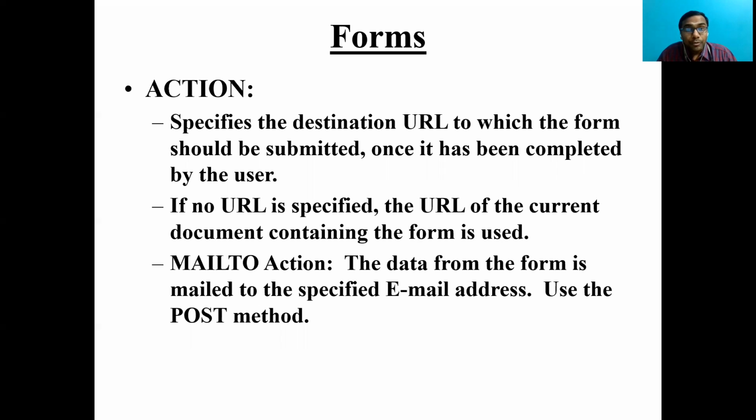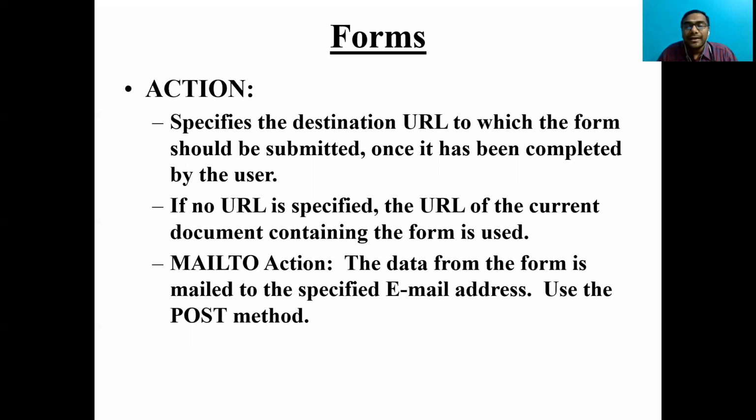The program will take the current document name itself as the URL. Then there is the mailto action, which is one attribute. With the mailto attribute, the data from the form is mailed to the specified email address. It mostly or preferably uses the post method. So that's all about the attribute action.